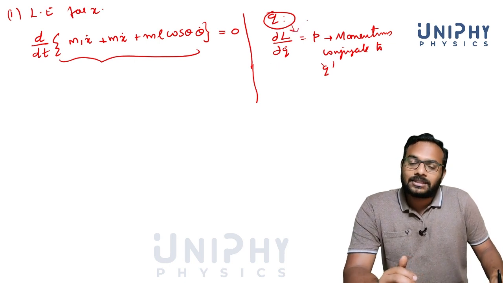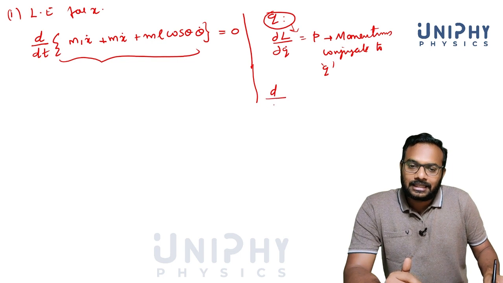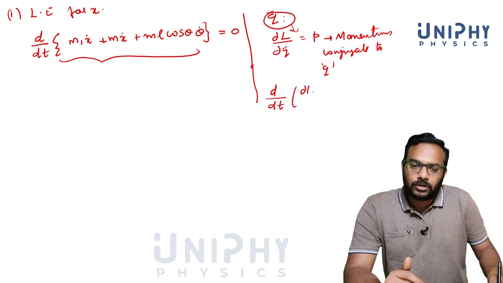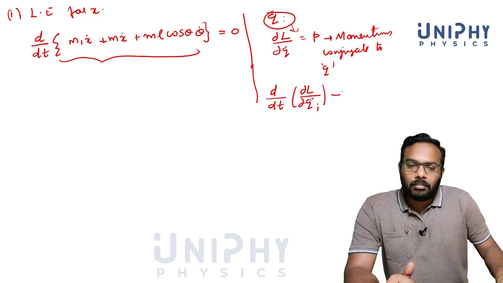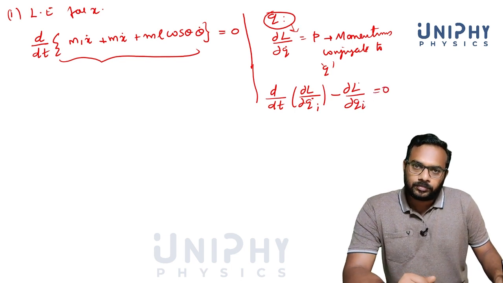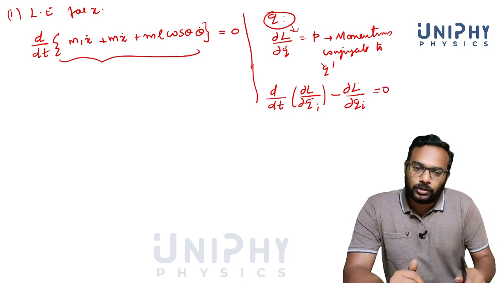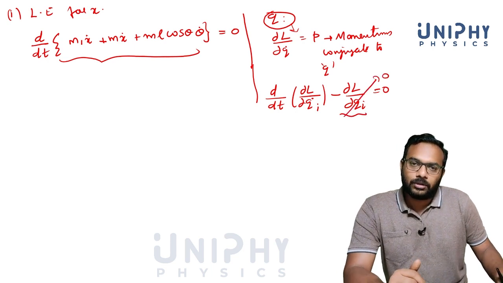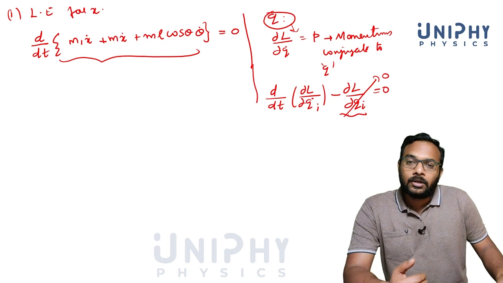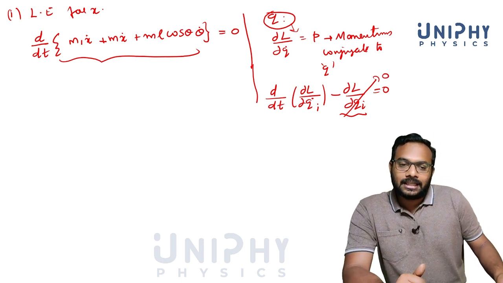Lagrange's equation says that d/dt of ∂L/∂q̇ for just one coordinate, let's say the ith coordinate, minus ∂L/∂qi is equal to 0. Now if the Lagrangian is independent of qi, or cyclic in qi, or qi is a cyclic coordinate, then the second term is 0.